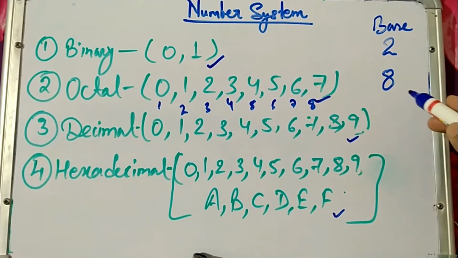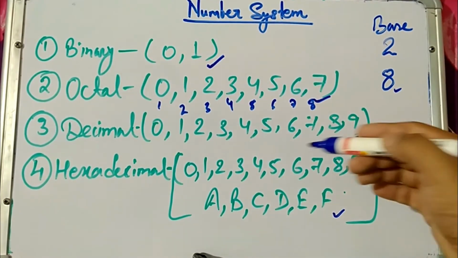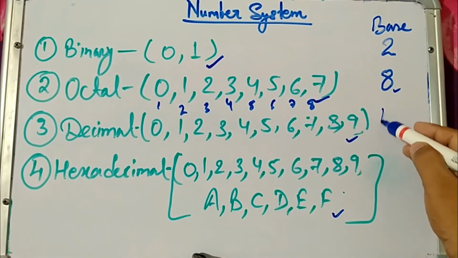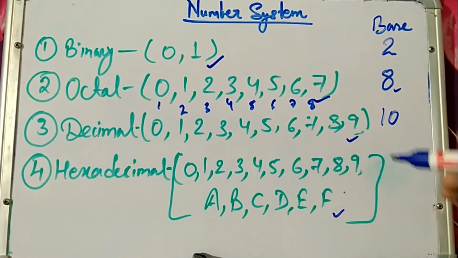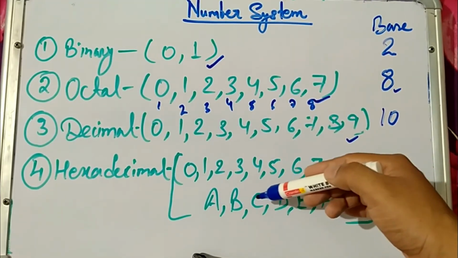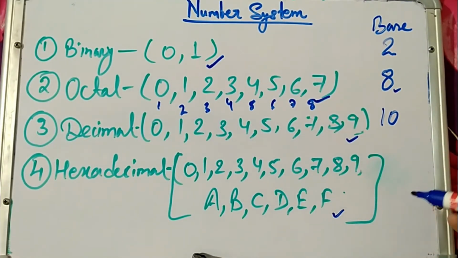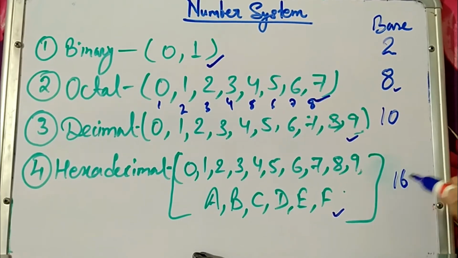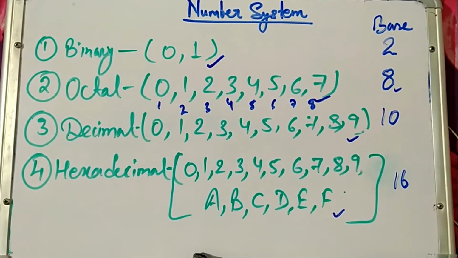How many are there? 8. So the base is 8. Similarly, in the decimal number system you can count up to 10, so the base is 10. In hexadecimal you can count up to 16, so the base is 16. I think the base is clear till here.